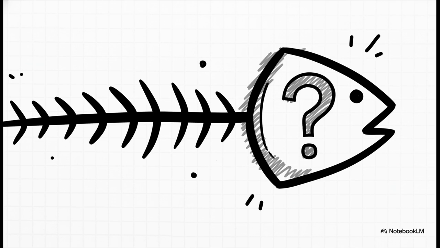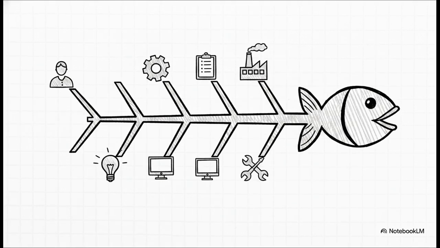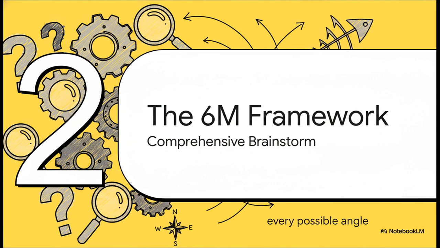See the difference? Okay, so from that head, you've got this long spine stretching out. And branching off of that spine are the main bones of the fish. Each one of these bones is going to represent a major category where a potential cause might be hiding. Now, you might be thinking, where do I even start? A cause could be anything. And you're right. That's why there's a standard structure to make sure our investigation covers all the bases.